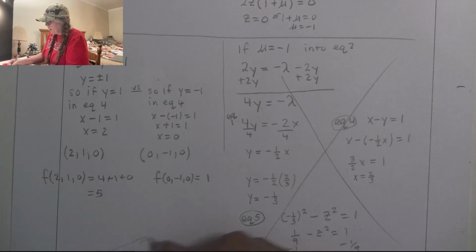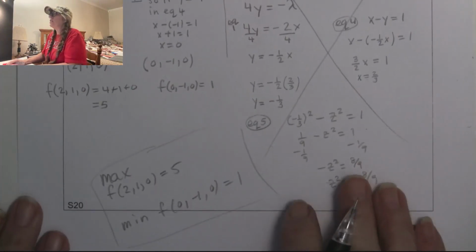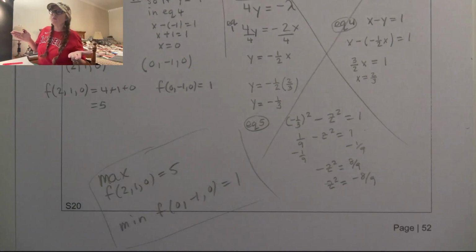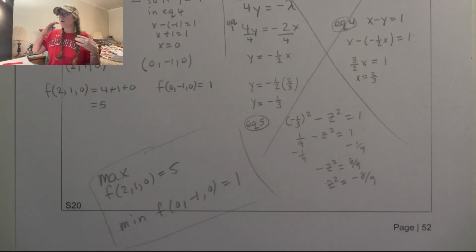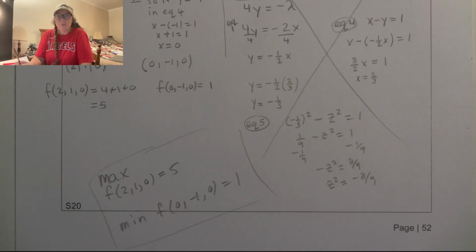There was one problem that I did that only came up with one critical value. It was a problem out of your book, and there may be one like that on the lab as well, and it only came up with one critical value. And so I was like, well, how do I know which one's the max and which one's the min when I only come up with one critical value on that? And I read about it, because I hadn't seen it before, and I don't know that there was an example in the book, but there was a homework problem in the book that happened on.